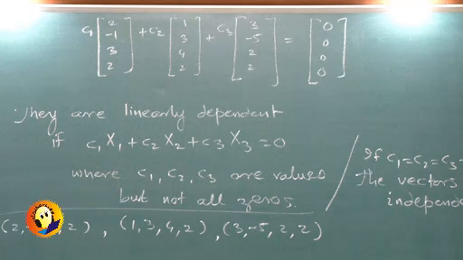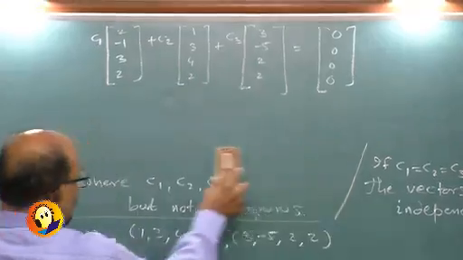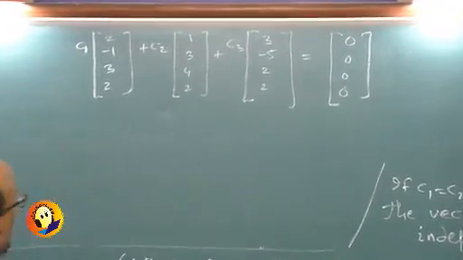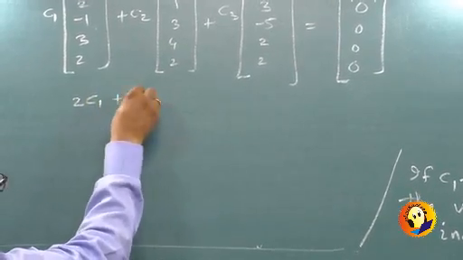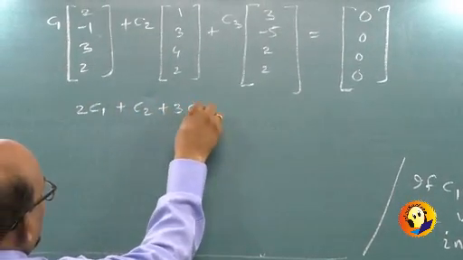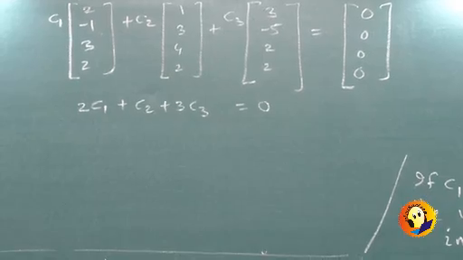So we will have to write it in this form, because when we multiply by C1 to the matrix, all the elements will get multiplied, and ultimately this will result in something like 2C1 plus C2 plus 3C3 equal to 0.